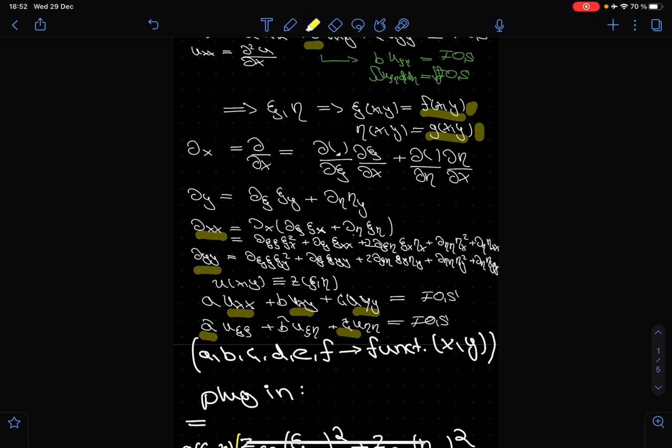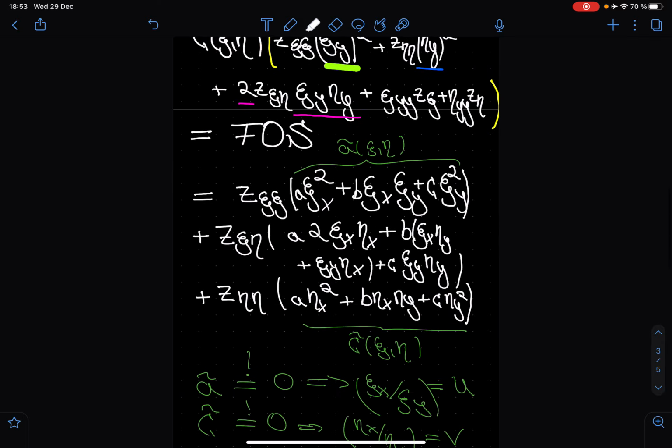If you look at this term, eta yy and eta xx, same for psi yy and psi xx, it's only depending on the differential operator of first order.